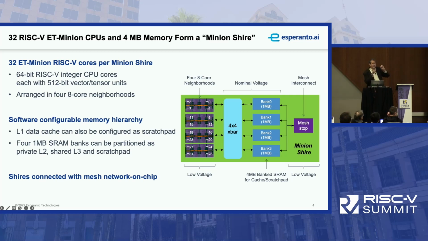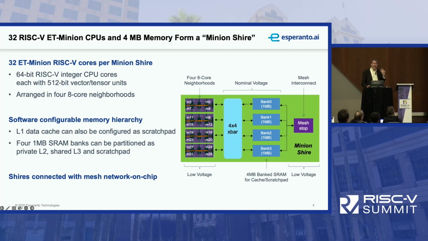That was because there's a certain amount of distance you can go with the wires in 7-nanometer before you start to impact your cycle time, right? So a lot of this design was very much considered from the technology node we were implementing in. How do you partition it? How do you balance out the memory system here? And then this particular group is connected up to a network on chip here on the far right. That's called a mesh stop, right? And that lets you connect up to another group of 32.